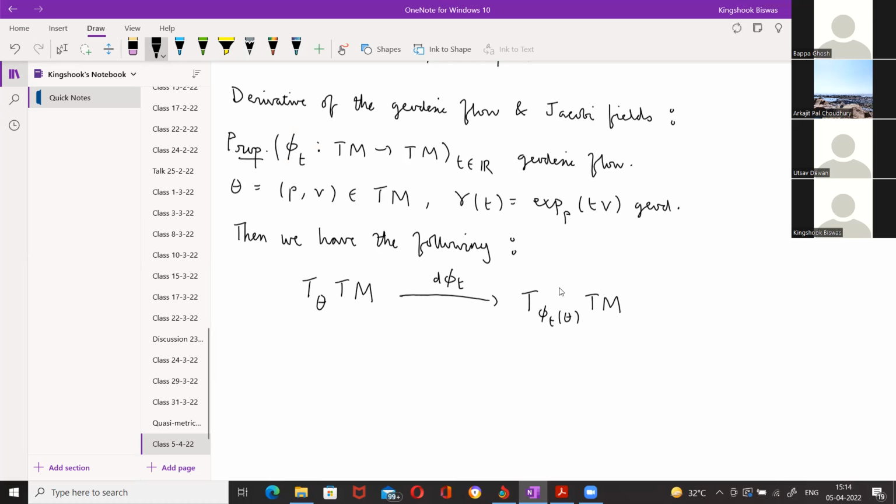So note, what is phi_t of theta? Phi_t of theta is (gamma(t), gamma prime(t)), right? Yes, by definition of the geodesic flow. Okay. Yes, theta is (gamma(0), gamma prime(0)), right?